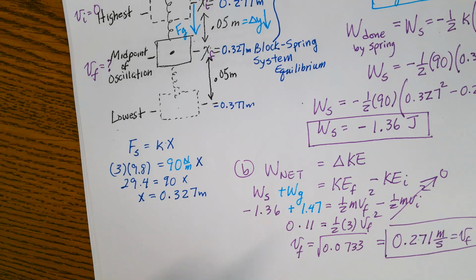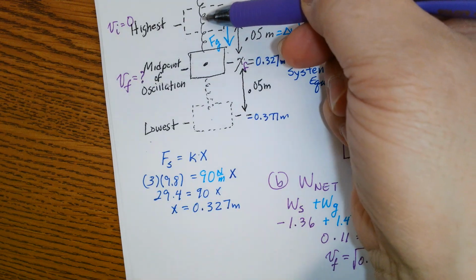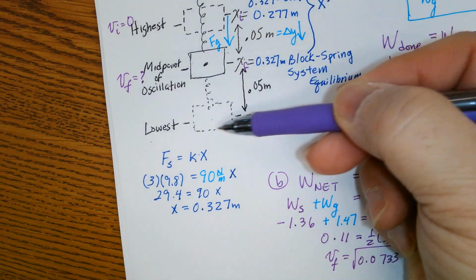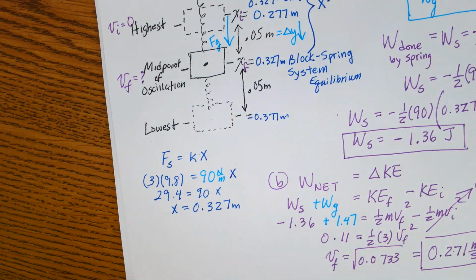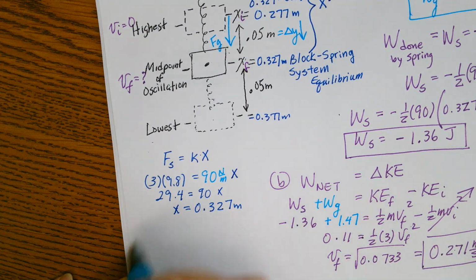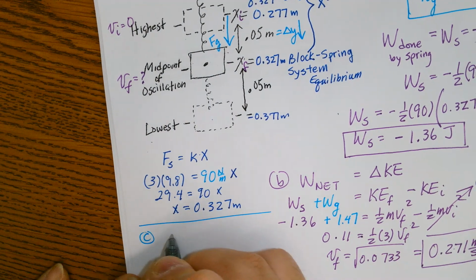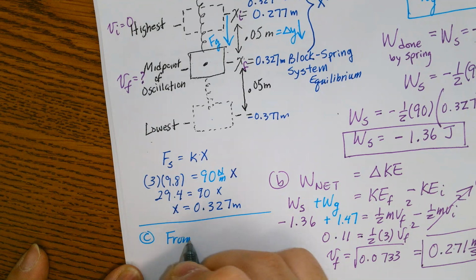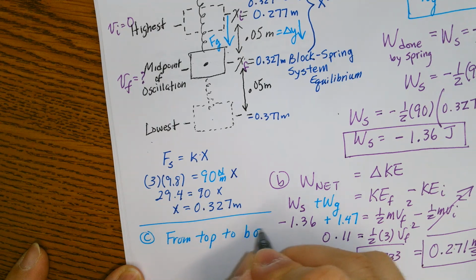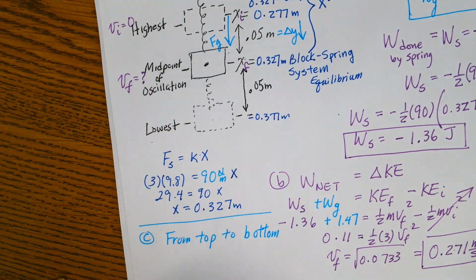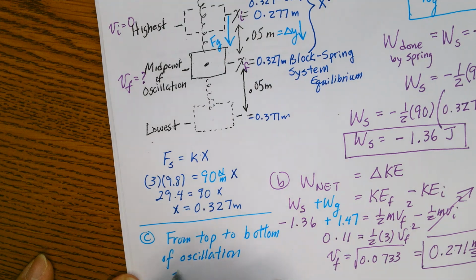Well, from top to bottom, the oscillation, here, my speed is 0, here my speed is 0. So what is the change in kinetic energy? So from top to bottom of oscillation, the V initial at top is 0, right?